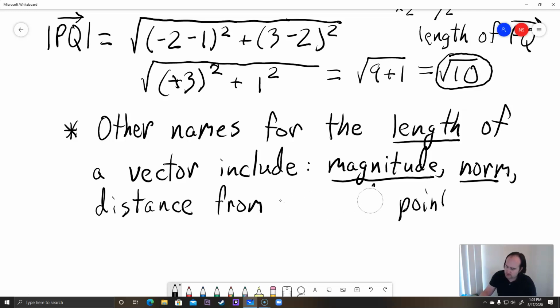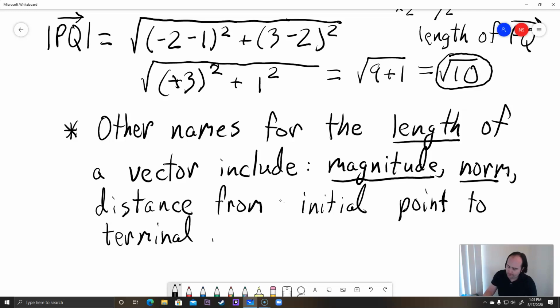I guess it doesn't really matter, but people usually start with the initial point. So distance from initial point to terminal point. So I'll put that one in parentheses. It's usually either length or magnitude, and some books call it the norm of the vector.